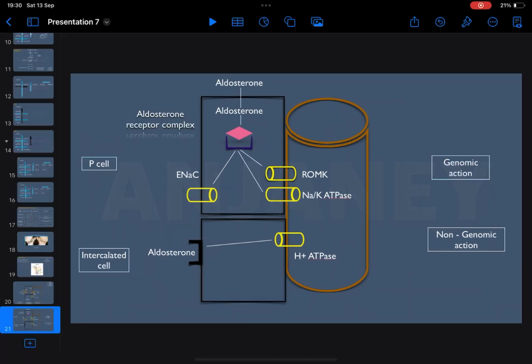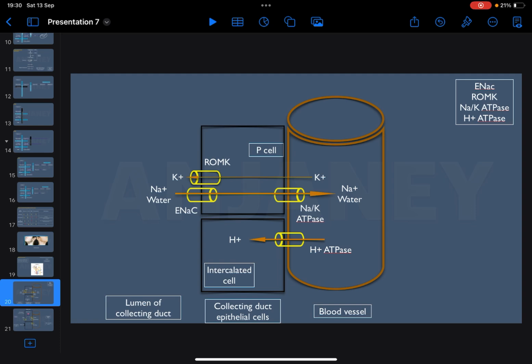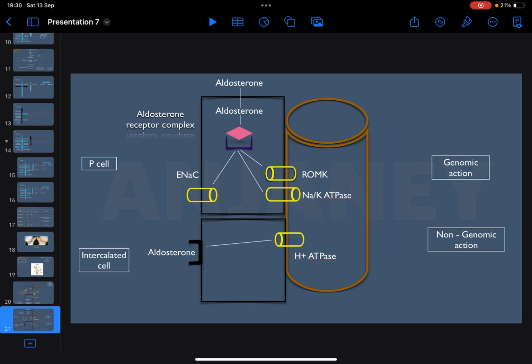The function was the same that I explained here: the ions are moving, sodium and water come into your body, potassium and H plus are lost to urine. The function is the same, but all this happens when there is aldosterone. So this is the aldosterone receptor complex. Whenever a hormone enters the cell and does something at the level of genetics, where genes are altered, it is a genomic action.